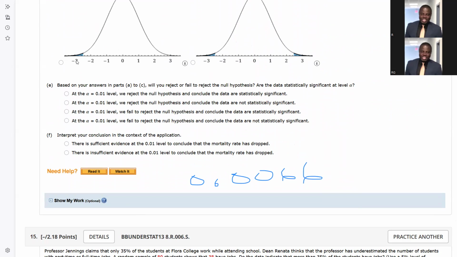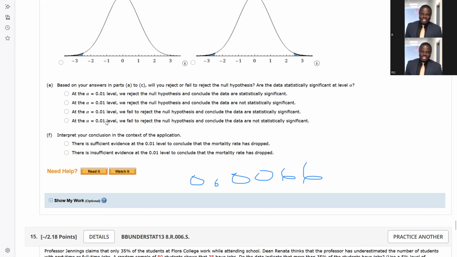After choosing your curve, left-tailed, remember this is left-tailed. Now it says that based on your answer, are you going to reject the null hypothesis or fail to reject? Look at the p-value and look at the alpha value. Alpha value is 0.01.